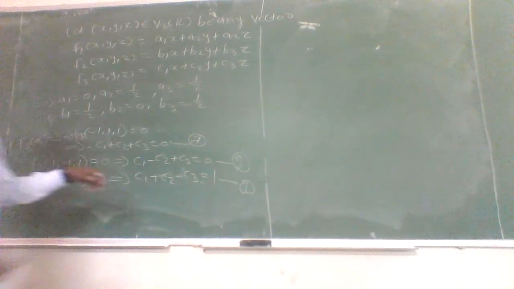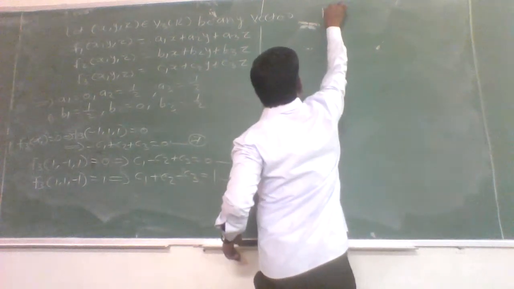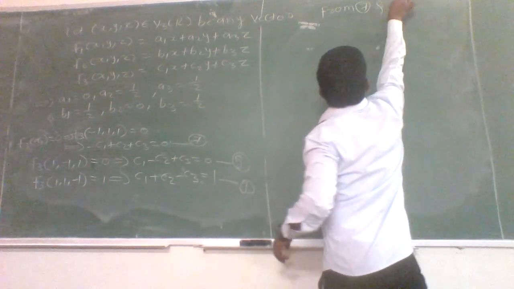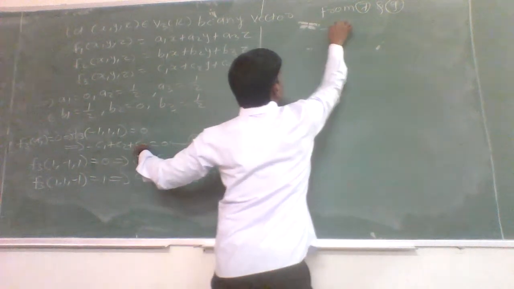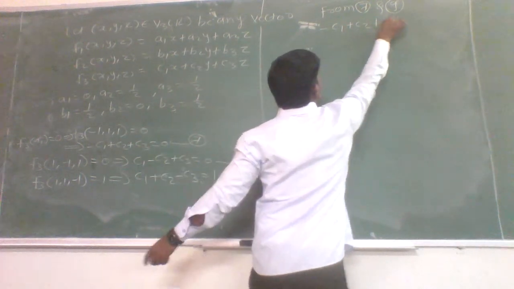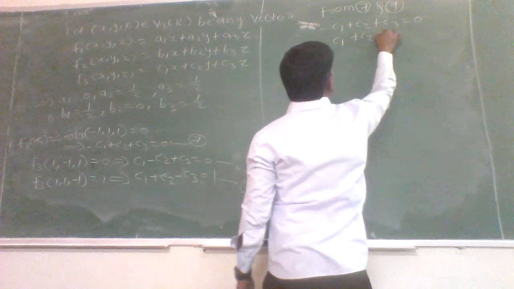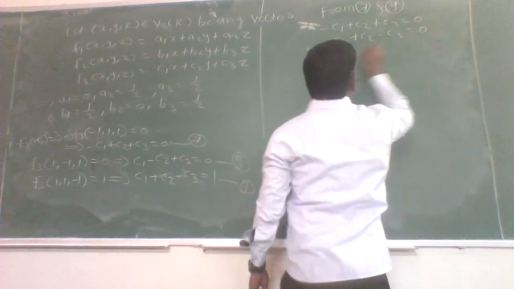Now, from 7 and 9, that is adding 7 and 9, we get minus of C1 plus C2 plus C3 is equal to 0, C1 plus C2 minus C3 will be equal to 1.